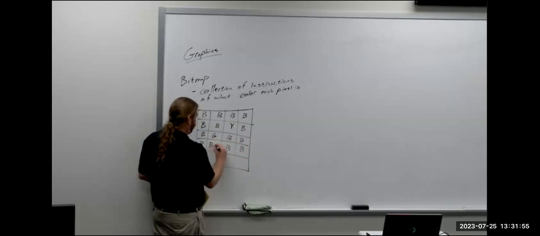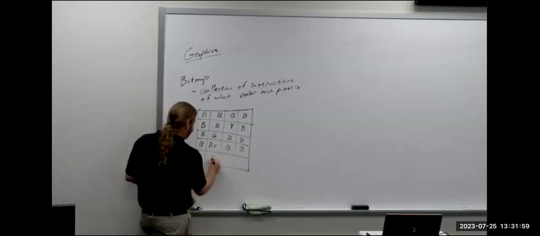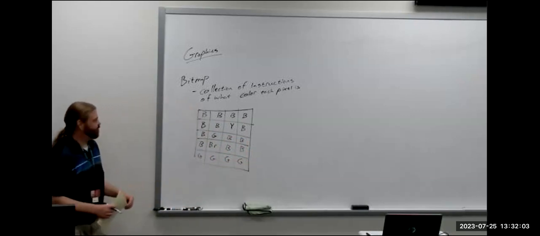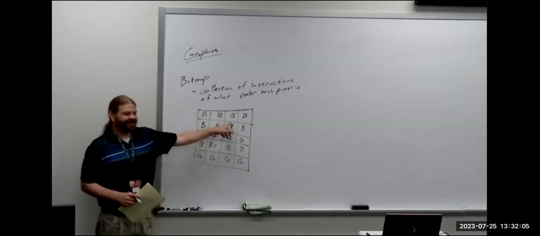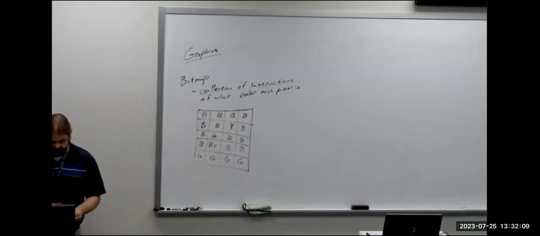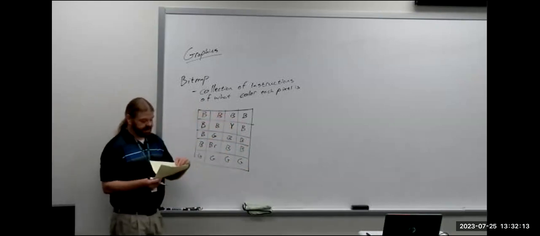Then the trunk coming down on the tree, and then a bunch of green down here. So kind of simplified. I guess I could have drawn a few more, so more than just one pixel of yellow. But pixel by pixel instructions of what color each pixel should be.